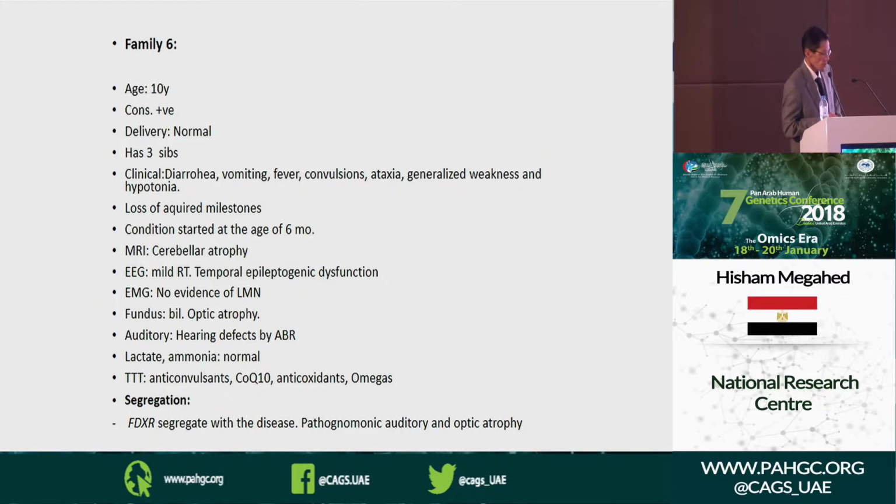In the last family, again, the only specific clinical criteria were optic atrophy and hearing loss. By whole exome sequencing and segregation, we identified FDXR. According to the literature, this plays a part in auditory and optic atrophy associated with epilepsy.